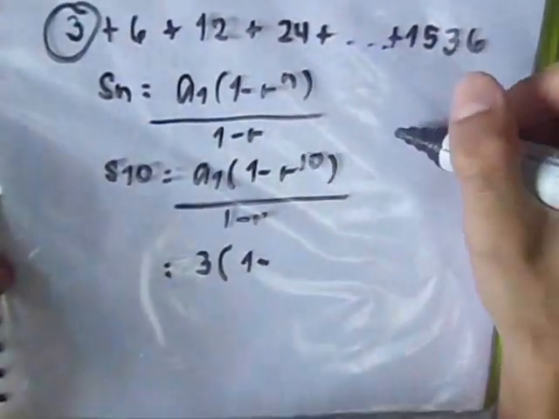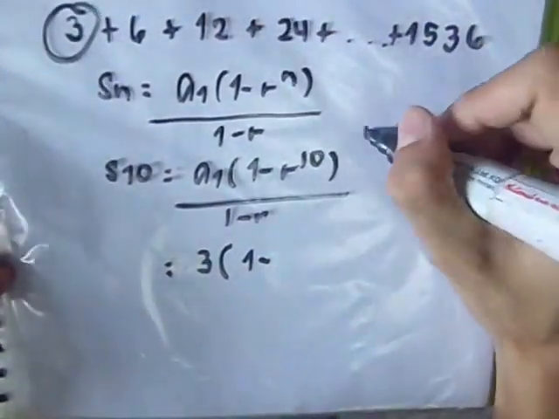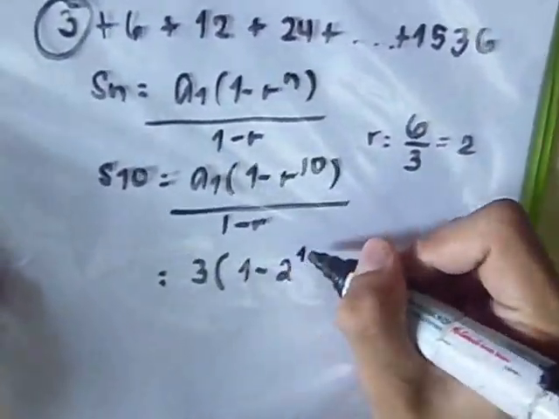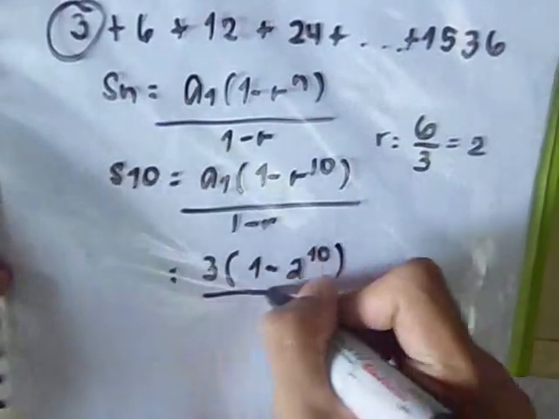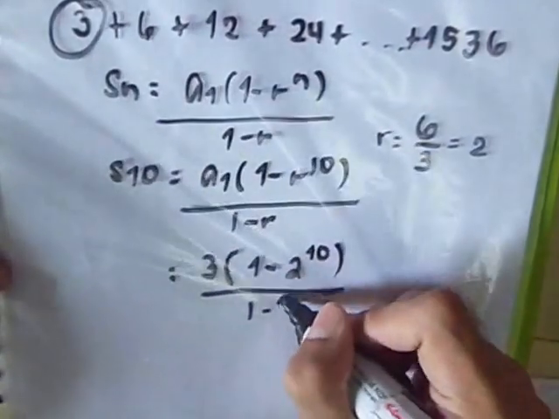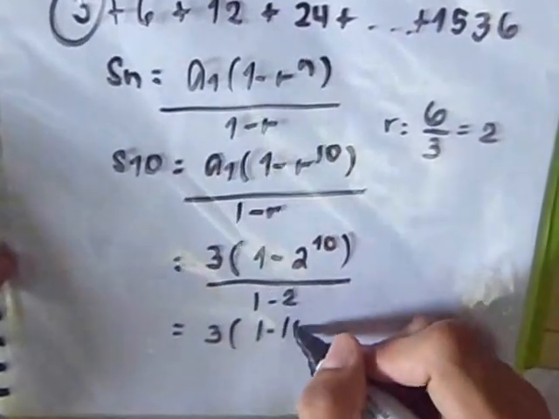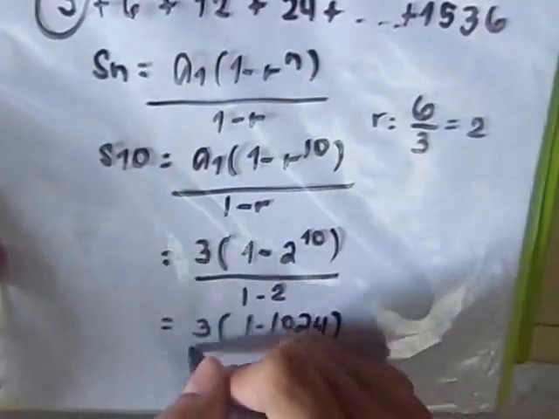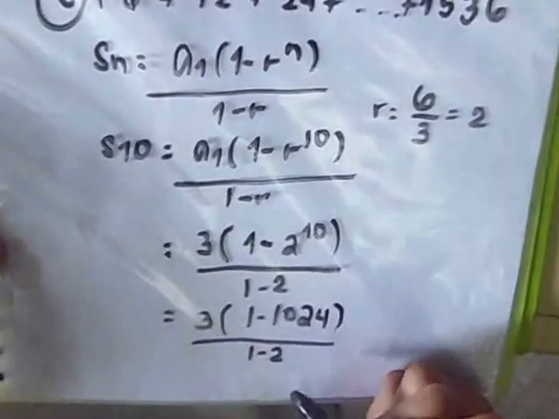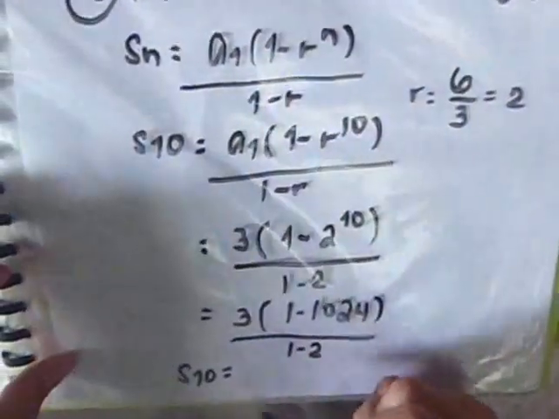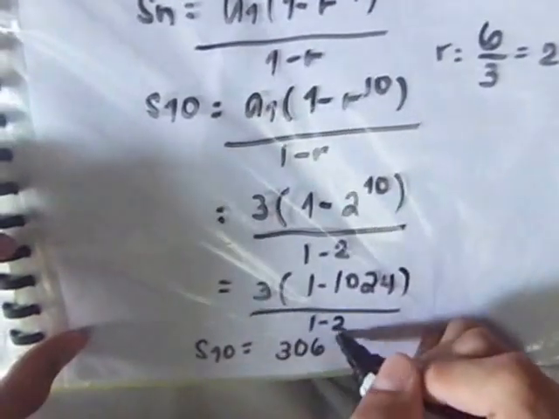Our common ratio is equal to 6 over 3, simply equal to 2. Multiplied by 1 minus 2 raised to 10 over 1 minus 2. We have 3 times 1 minus 1,024 over 1 minus 2. And so we have S sub 10 is equal to 3,069.